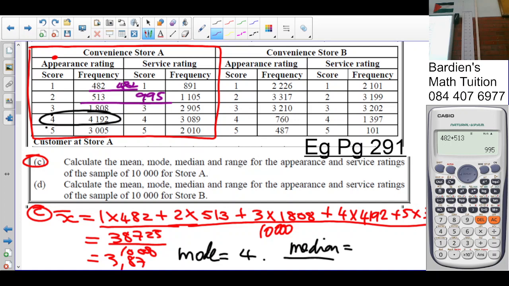At the end of this class, how much have I then considered? How do I get that? I'm going to say plus 1,808. So 2,803.